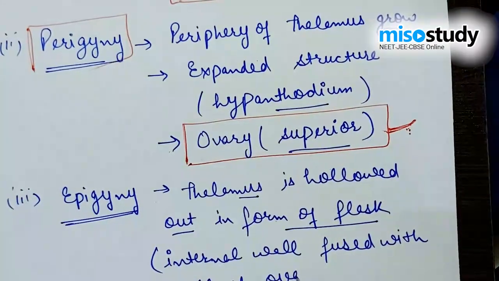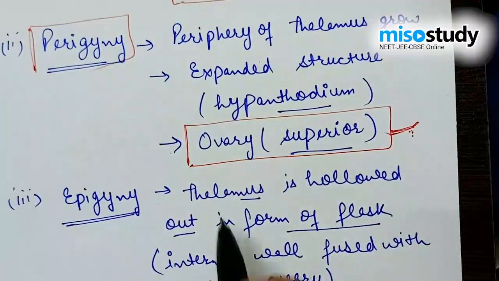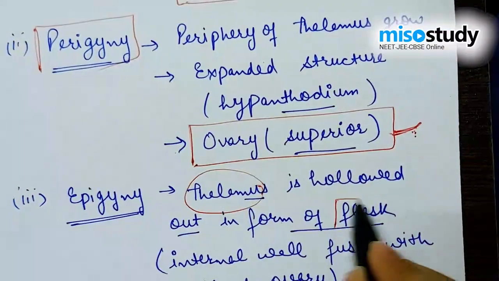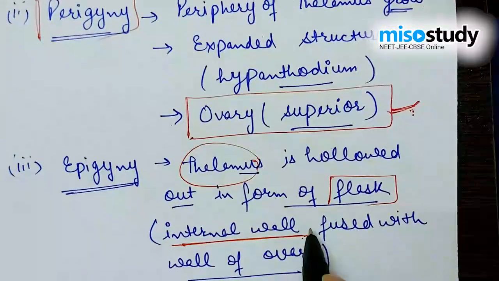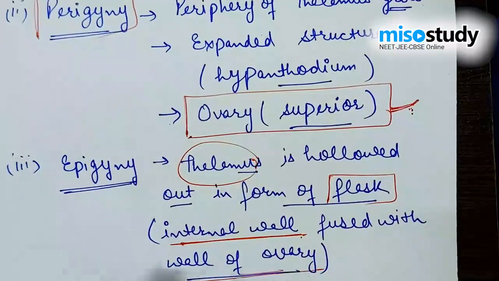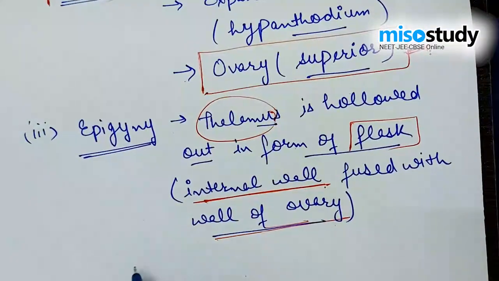In epigyny, there is a peculiar condition in which the thalamus is converted into a flask shape, and its internal wall fuses with the wall of the ovary.